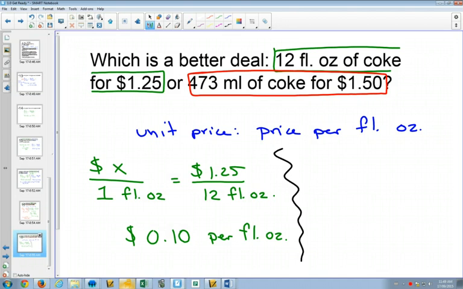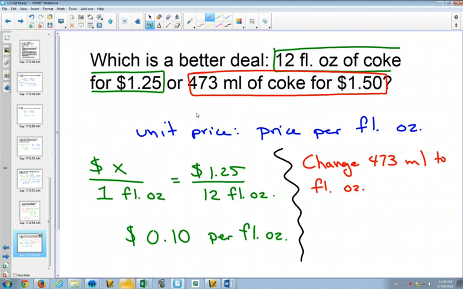Now, since our other price is not in fluid ounces, we have to change our 473 mils to fluid ounces. So we're going to have to look on our formula sheet and find the formula.